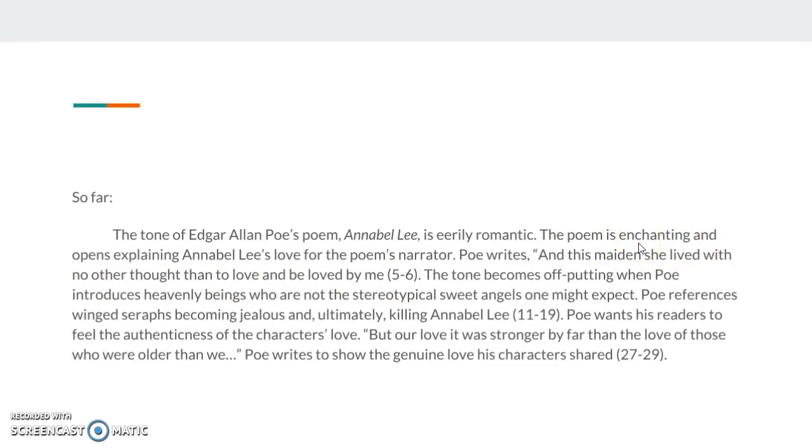Some of them are just not quite right, but I like enchanting because it feels a little fairy tale-esque. The poem is enchanting and opens explaining Annabel Lee's love for the poem's narrator. Poe writes, "And this maiden she lived with no other thought than to love and be loved by me." That's a number 3 sentence.